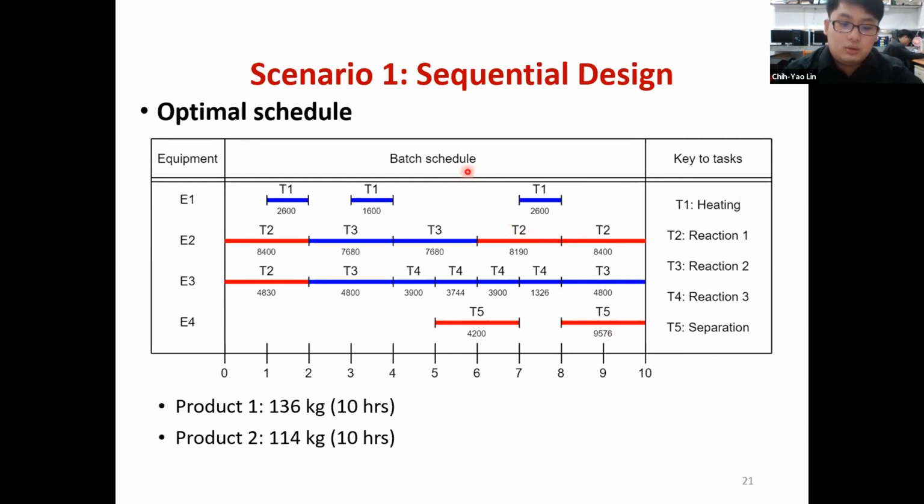The figure indicates the result of sequential scheduling. We could find out the operation time of all tasks, and this process is divided into 10 periods. In this optimal schedule, we have product 1, 136 kilogram, product 2, 114 kilogram.